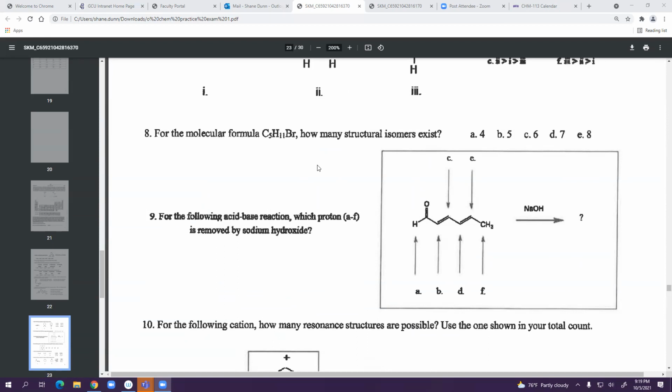Okay, for the molecule, how many structural isomers exist? I'm not going to draw them all. A lot exist. Draw them all out if you want to. The answer is 8, but you're close. The reason why it's 8 is because it's one bromine.